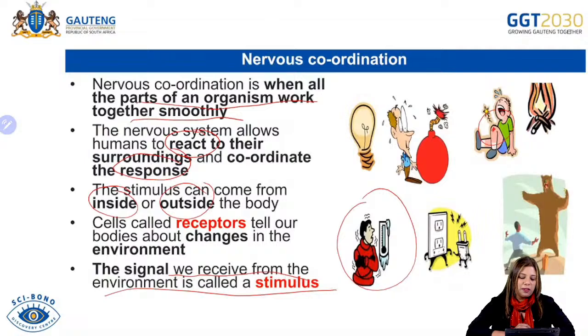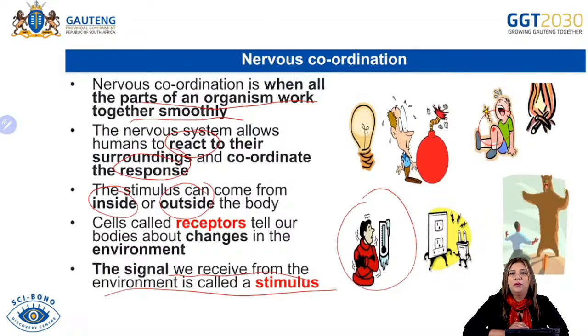So cells called receptors tell our bodies about changes in the environment. Now, remember we spoke about receptors being sense organs. And they're very specific. We have certain receptors in our body that pick up changes in pressure. We have receptors in our body that pick up changes in temperature. We have receptors in our body that pick up chemical changes.